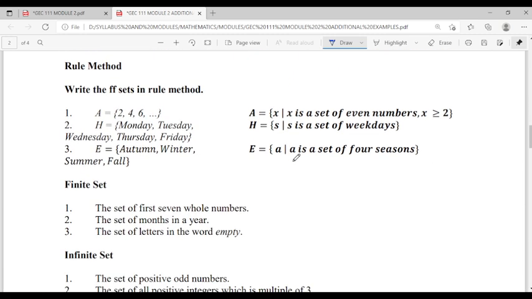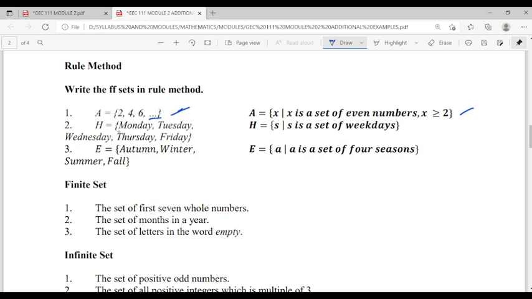Rule method naman, so they just switch places. We write it in detailed form. So, X such that X is a set of even numbers where X is greater than or equal to 2. So, it has an ellipsis there.